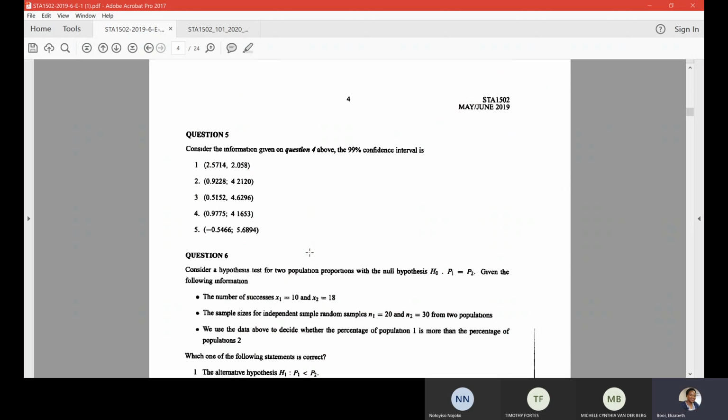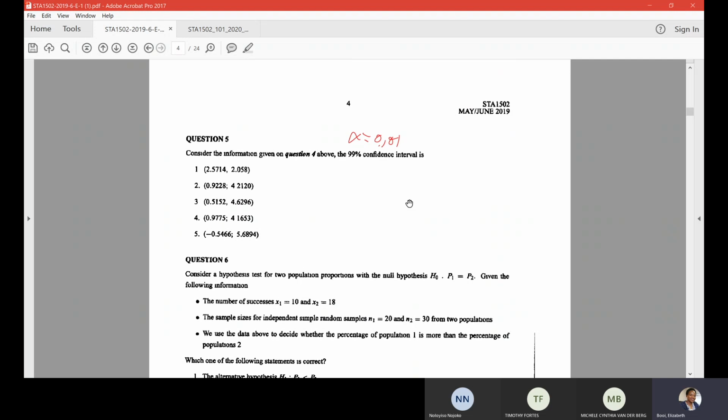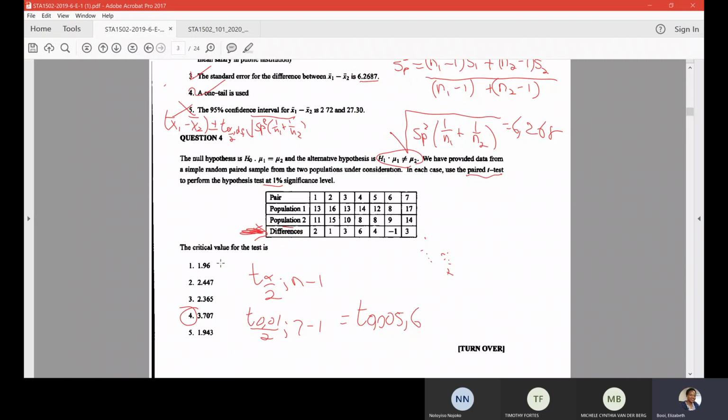Using the same information from above, consider the information with a 99% confidence interval. It's still the same because our alpha here will still be 0.01. Since we're doing a two-tailed test, we already found the critical value, so we don't have to go find it again. Here is the critical value.